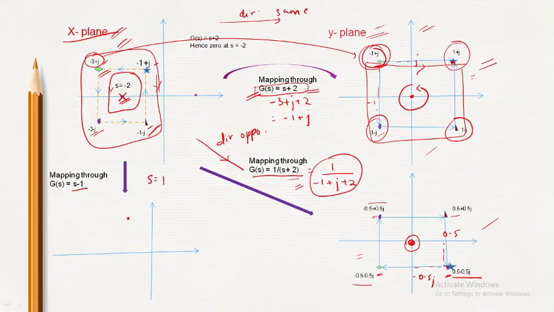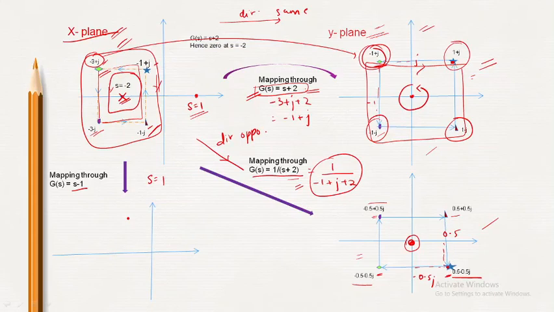You can see that the contour is here, whereas the zero of the function is lying outside the contour. So in this case, how will this contour get mapped?